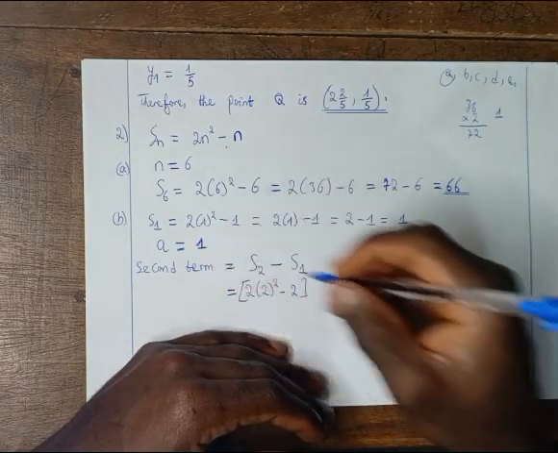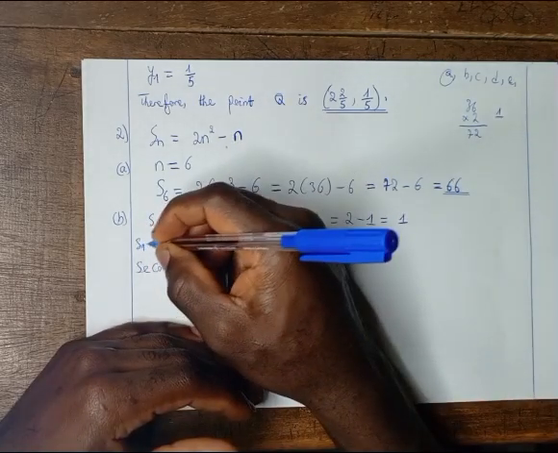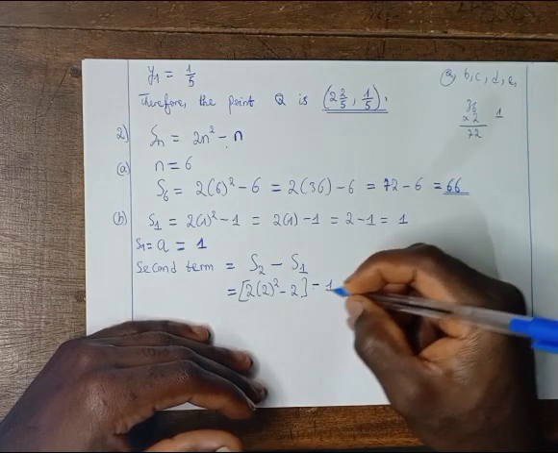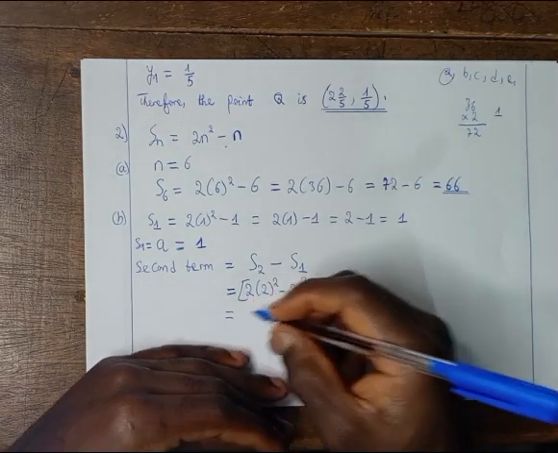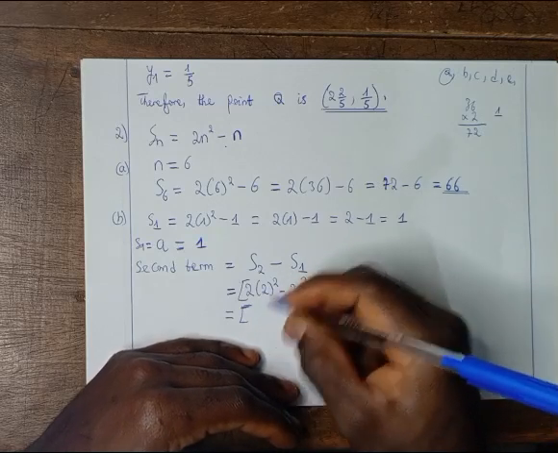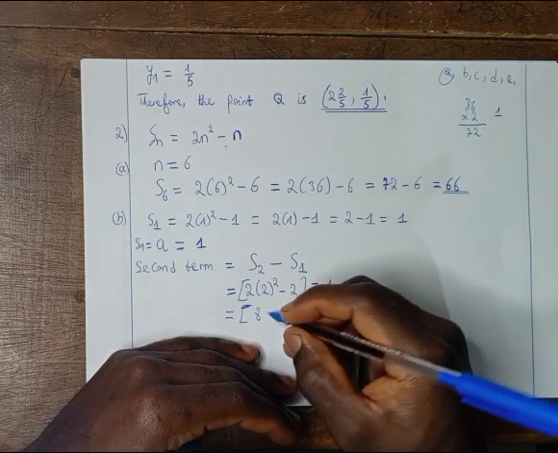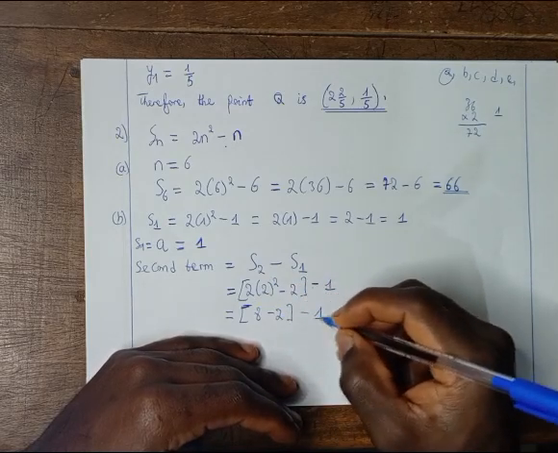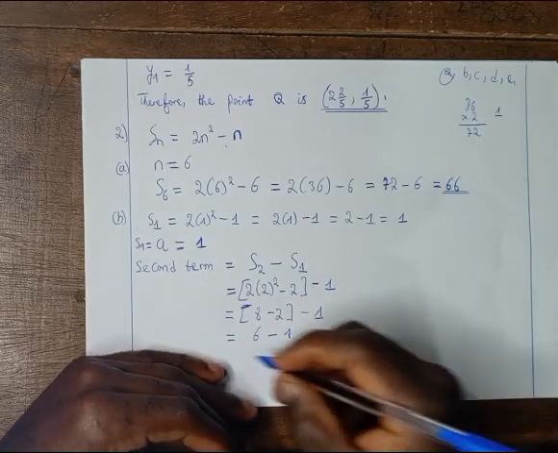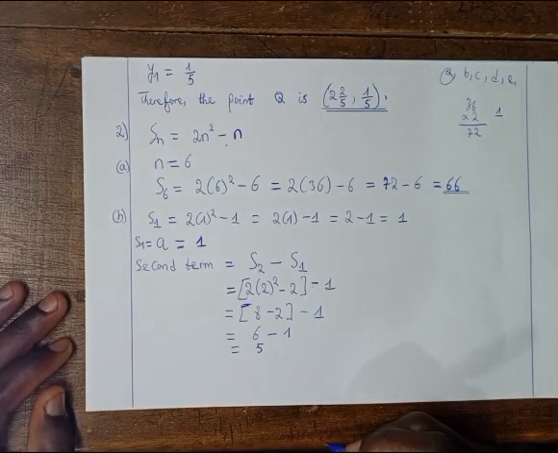Then we know S1 is the same as A, the first term. This will be minus 1. We know 2 squared is 4, 4 times 2 gives us 8 minus 2, which is 6, minus 1 gives us 5. So the second term is 5.